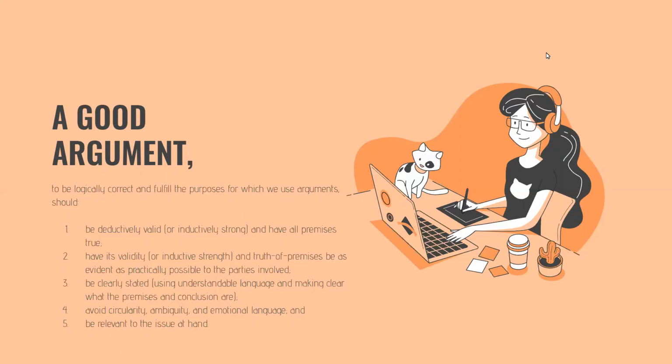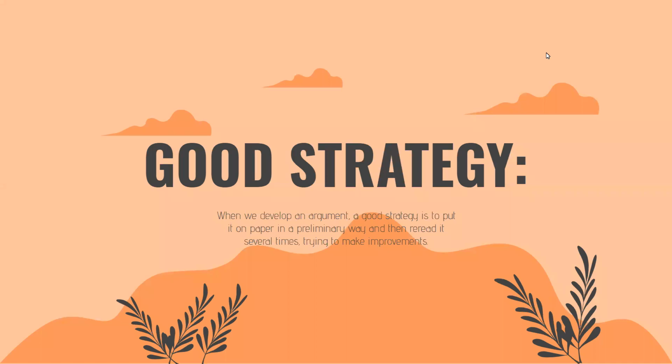Be clearly stated, using understandable language and making clear what the premises and conclusion are. 4. Avoid circularity, ambiguity, and emotional language. And 5. Be relevant to the issue at hand. If you fulfill these, then you're arguing well.